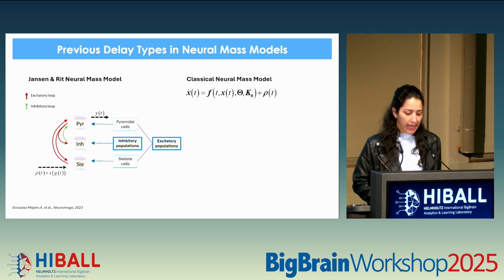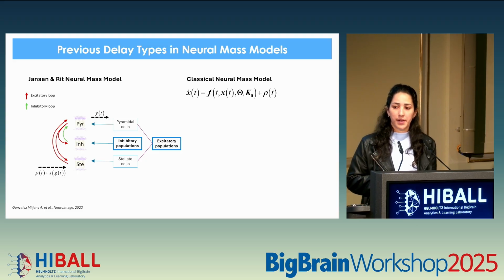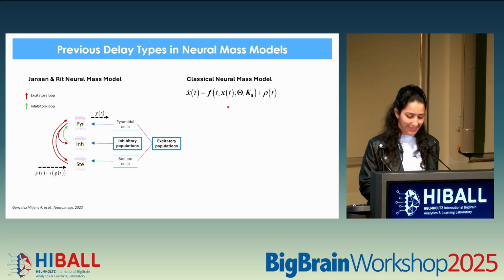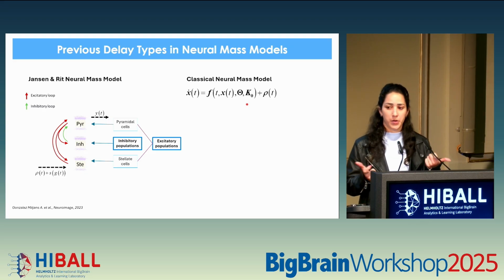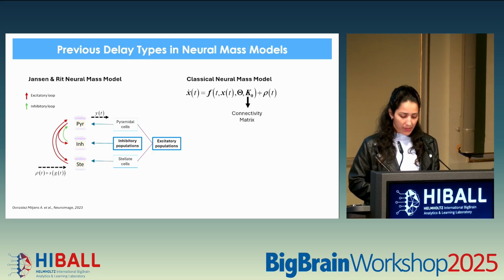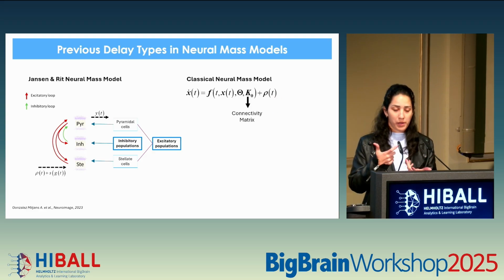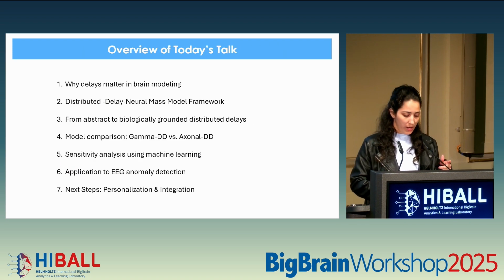The classical and traditional formulation is given by a system of differential equations, as we can see here, where it contains the state variables, the parameters of the system, and a connectivity matrix that contains all the connection strengths between neural populations, as well as an external input.